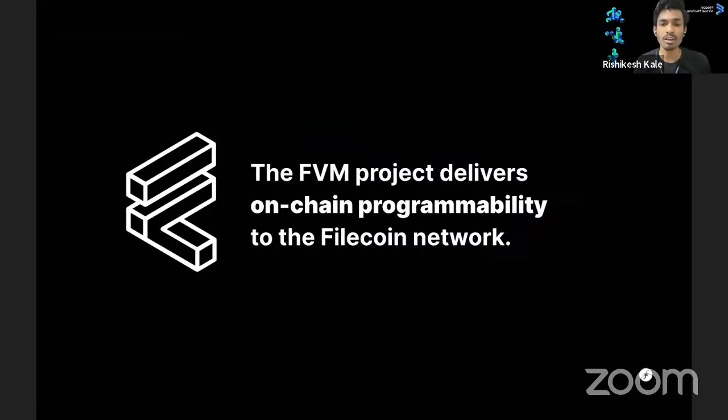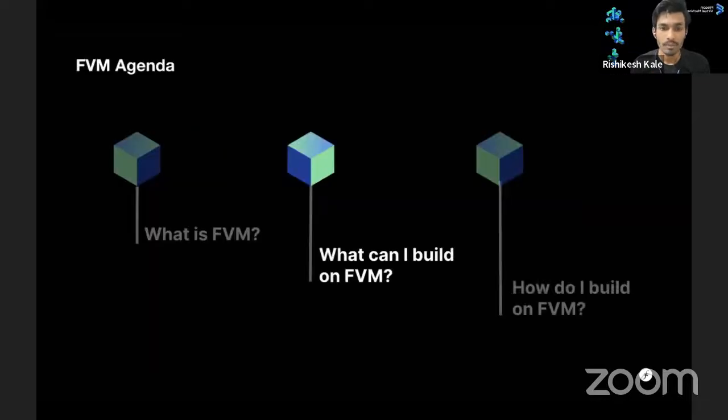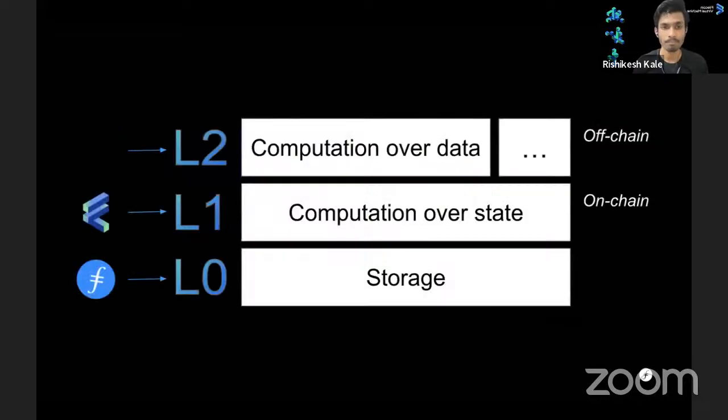Your smart contracts enable users to program the storage, and to create and enforce the rules for storing and accessing data, which can be programmed via the smart contracts you will be creating on FVM.